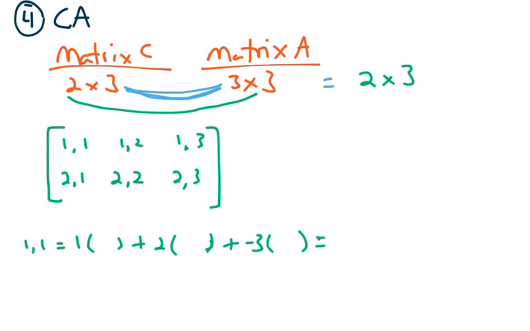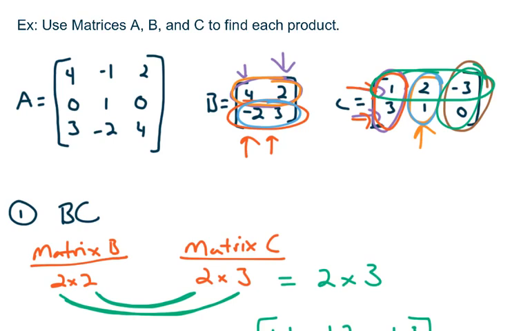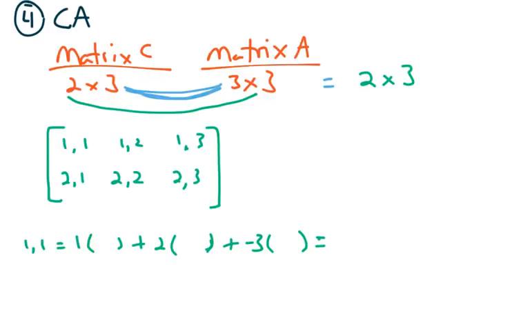Now, the numbers that go in the parentheses are the corresponding elements from column 1 of matrix A. That's these. So we're going to have 4 and then 0 and then 3. And then we'll figure out what this is equal to. 1 times 4 is 4, 2 times 0 is 0, negative 3 times 3 is negative 9, 4 plus 0 plus negative 9, that's going to give us a negative 5.